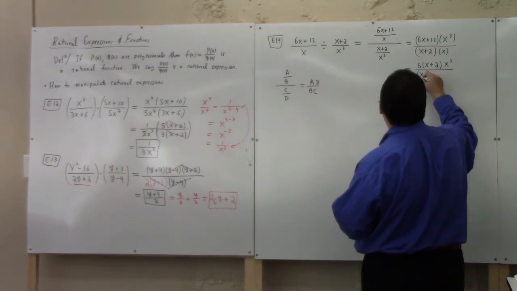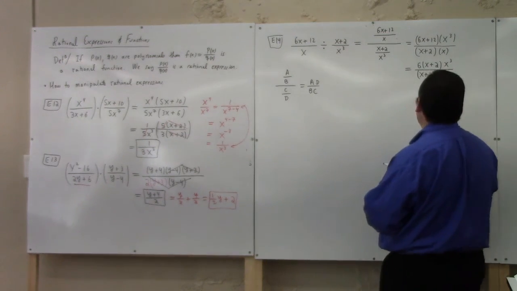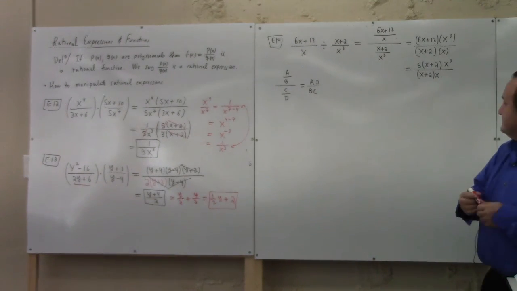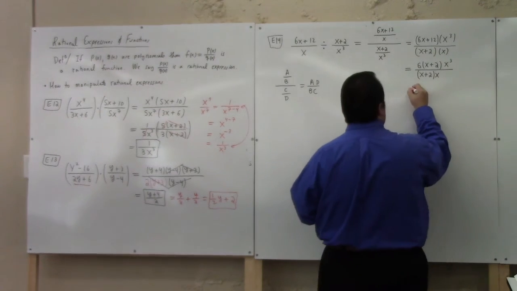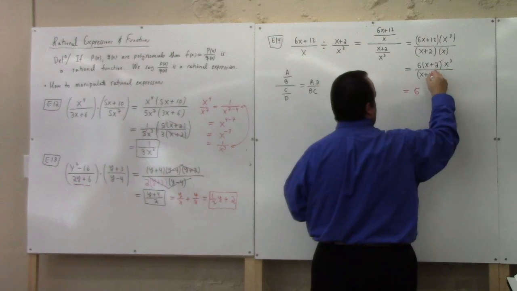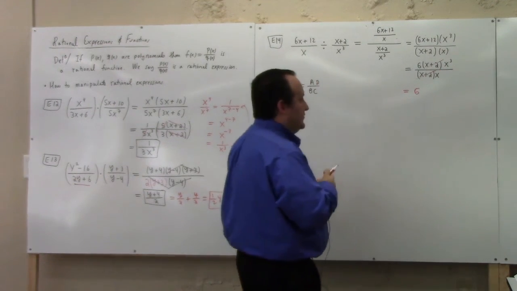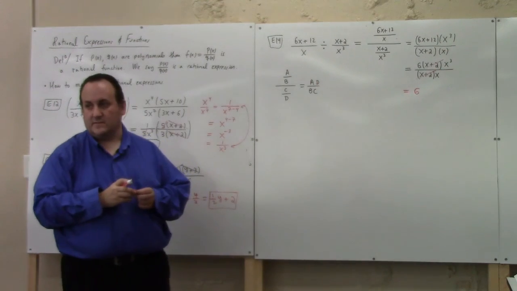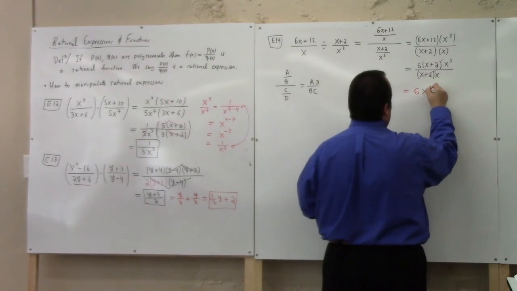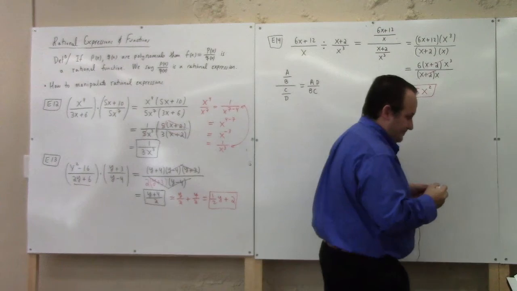I'm not even really simplifying here just yet. So what do we get? We've got 6. The x plus 2 is canceled, right? And what's x cubed over x? It is just x squared. There it is.